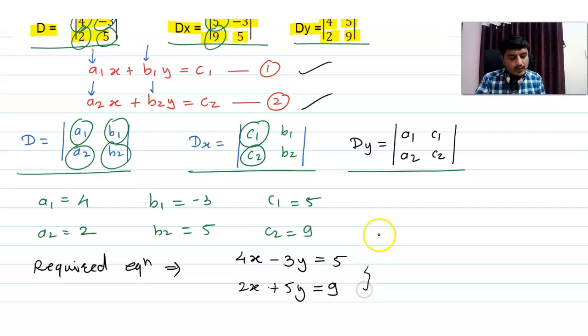So the required equations are 4x minus 3y equals 5, and 2x plus 5y equals 9.